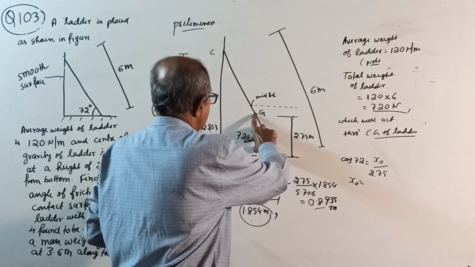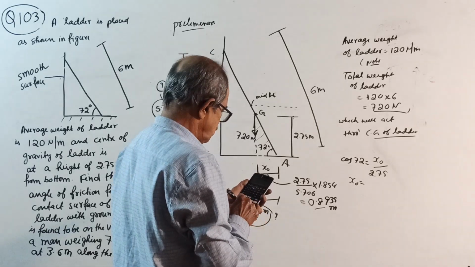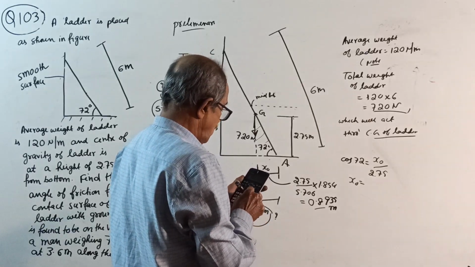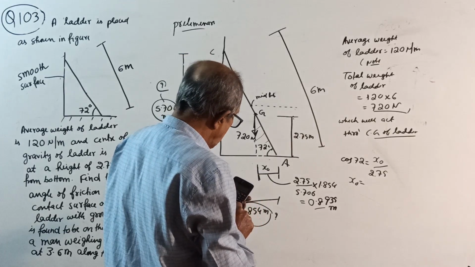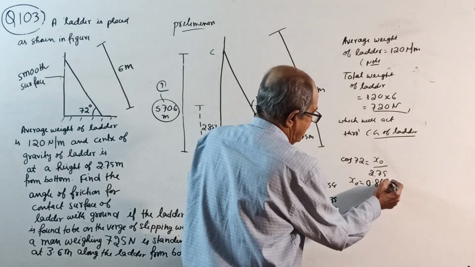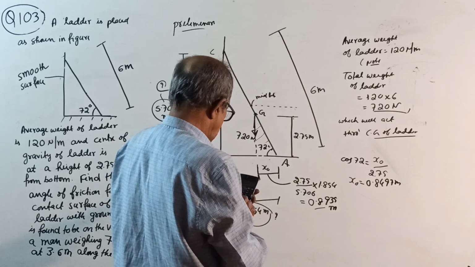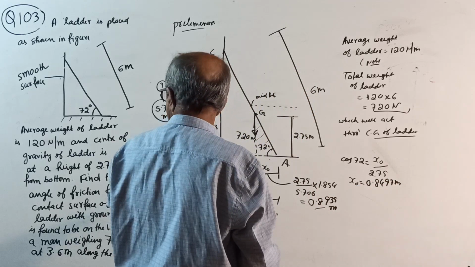This is 2.75, x naught, cos 72. So x naught is 2.75 into cos 72. It is giving 0.8497 meter. But here something is wrong. 2.75 is what?